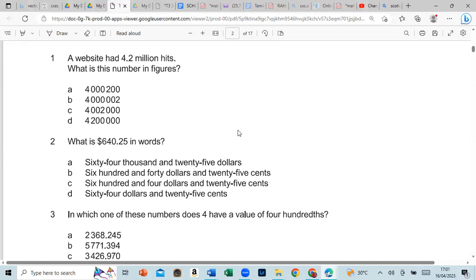D, right? Millions is 7 digits, and 0.2 will be 200,000. So 4,200,000.